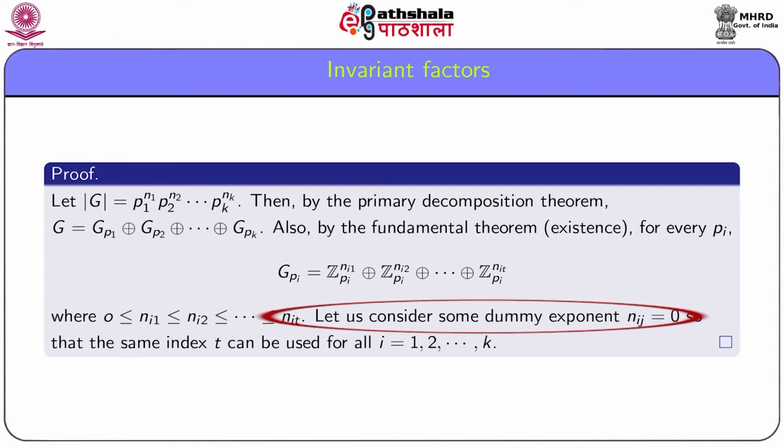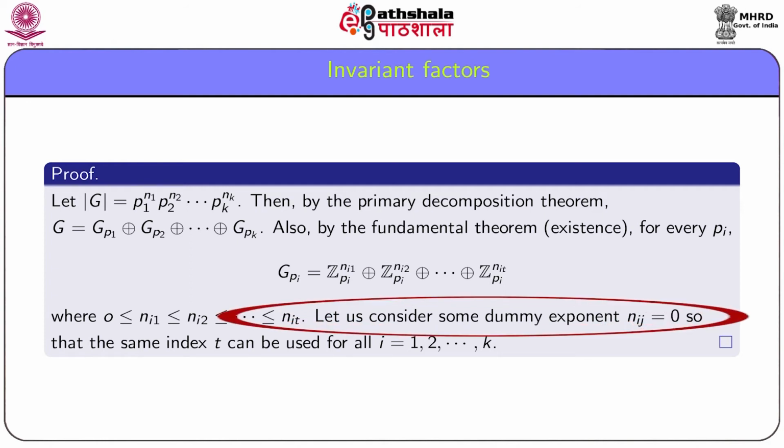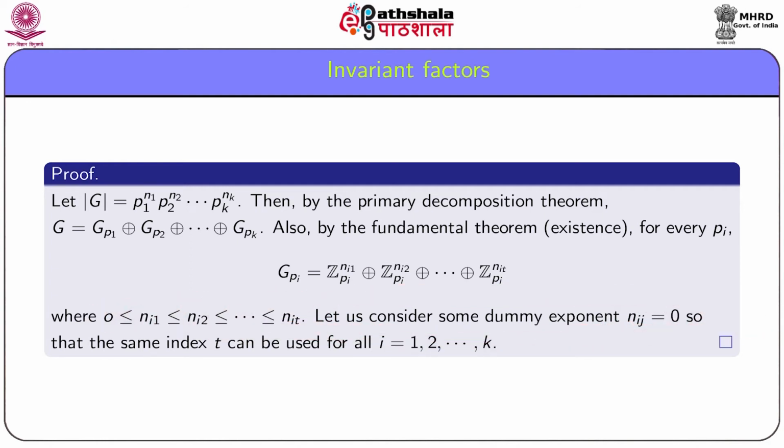Let us consider some dummy exponents nij equal to 0 so that the same index t can be used for all i equal to 1, 2 up to k. This is just to make the presentation simple.